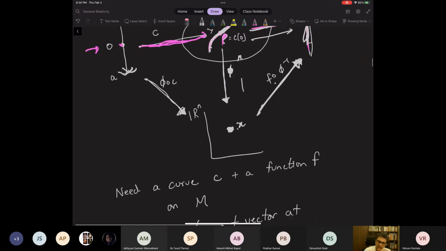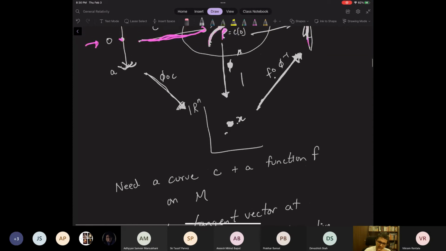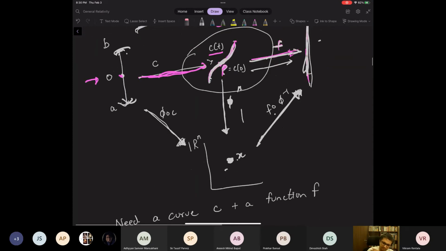So in shorthand, what we'll do is we'll write this as: I start with a coordinate t on this interval AB. That gives me an x mu of t, that gives me coordinates of the points on this curve.